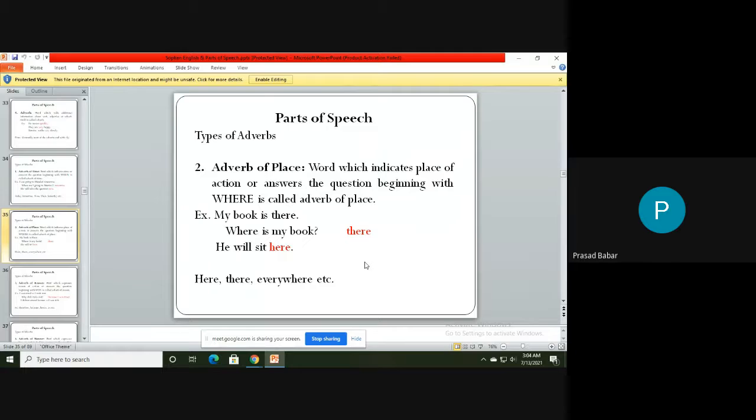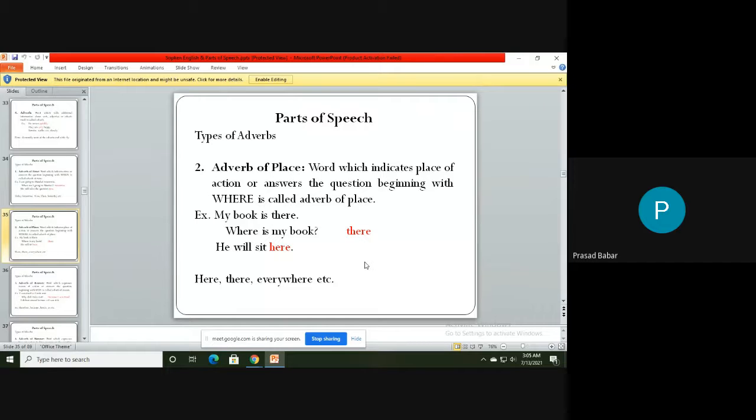The example is, my book is there. Here, there is the word which indicates the place. If we ask a question starting with where to this sentence, it will give the answer, and that answer will be the adverb of place.